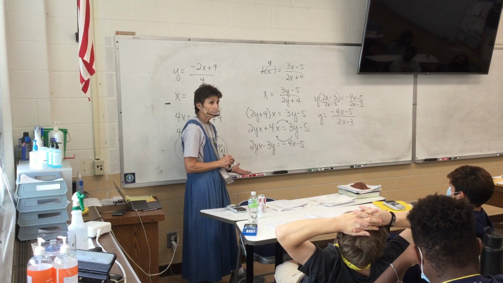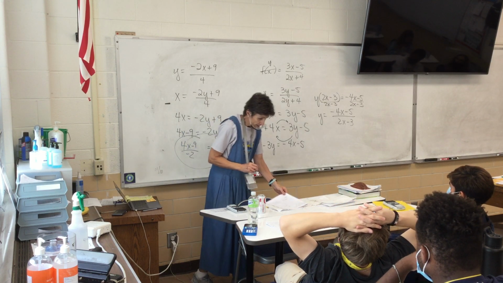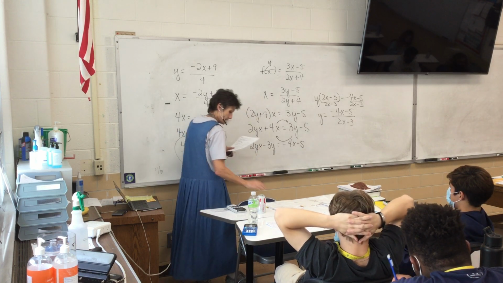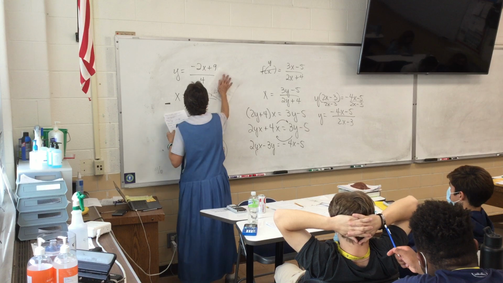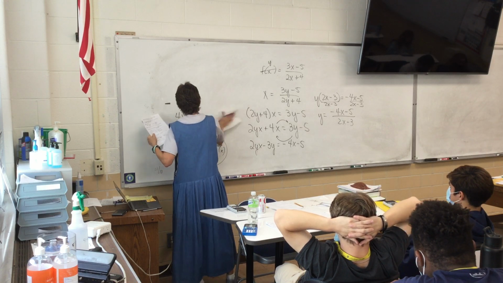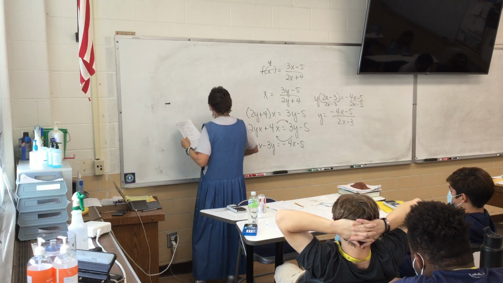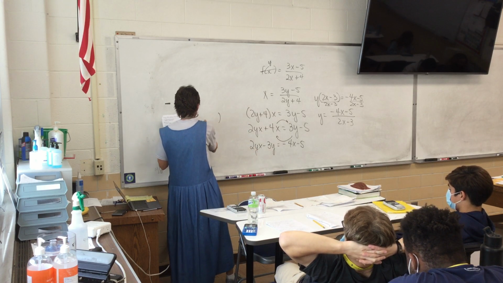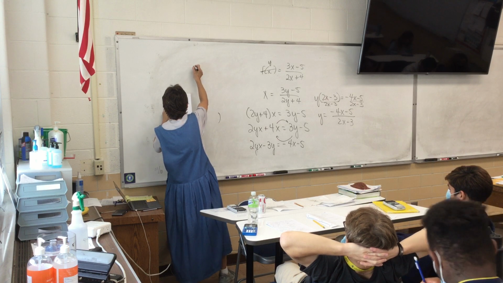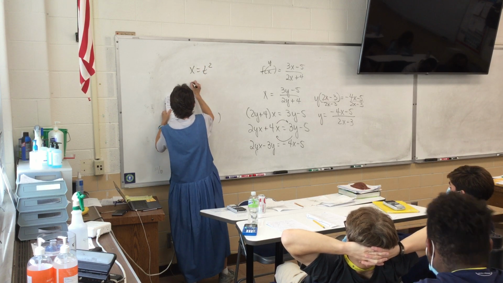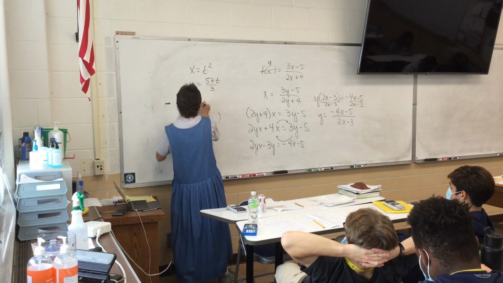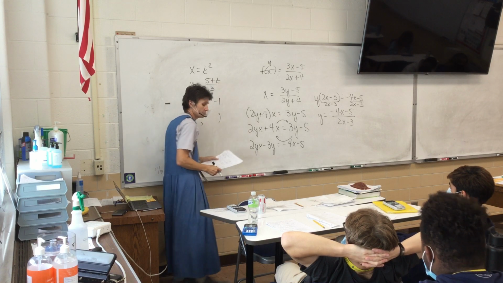Okay, you good with that? All right. Next one. Oh gosh, you can do this one. Given these two equations, find the point, you're looking for a point. If x equals t squared, y equals 5 plus t over 3, and you know t is negative 1.